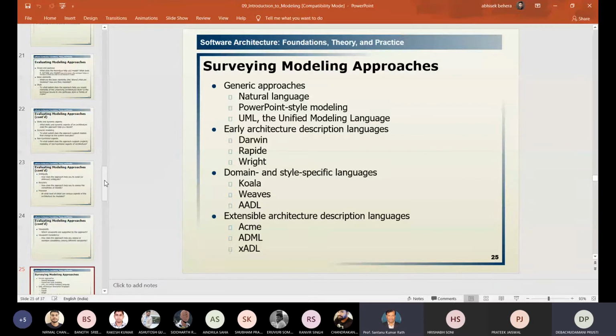And while coordinating, we have to check the consistency, whether the second part of the architecture is compatible or not. If it is not compatible, then it will be an inconsistent viewpoint, which should not occur. That also.